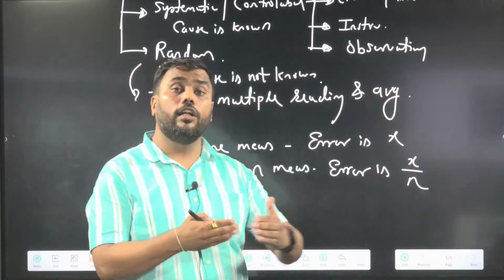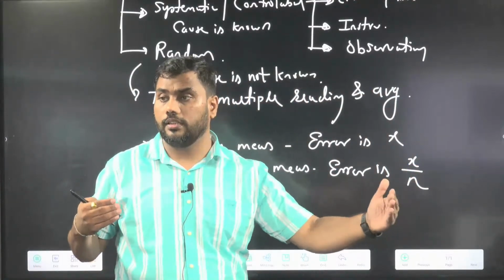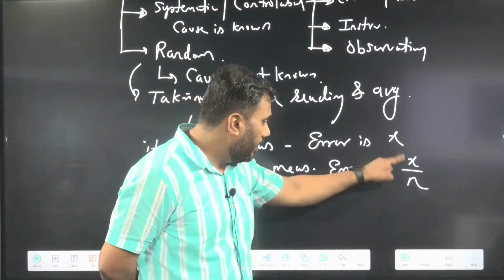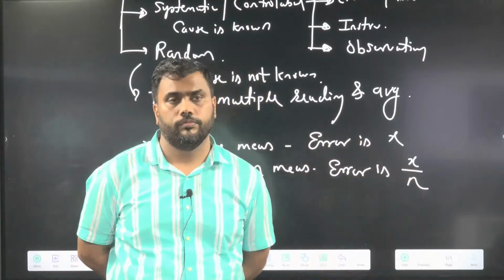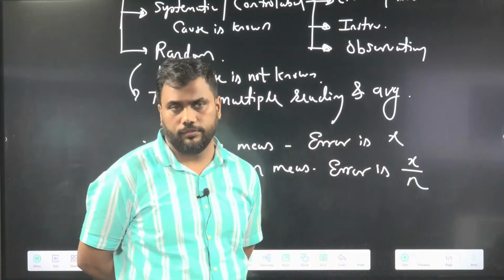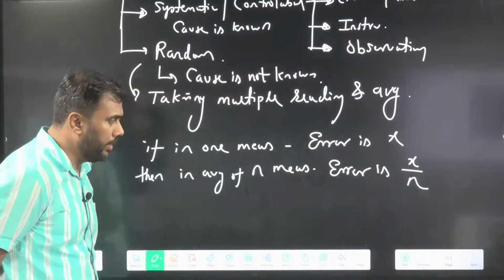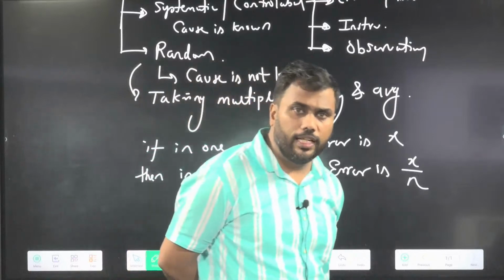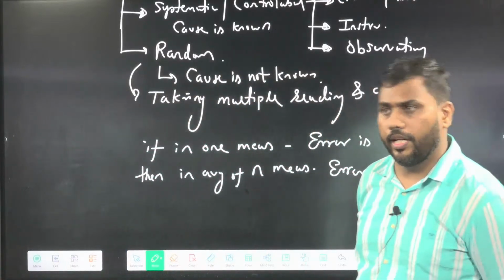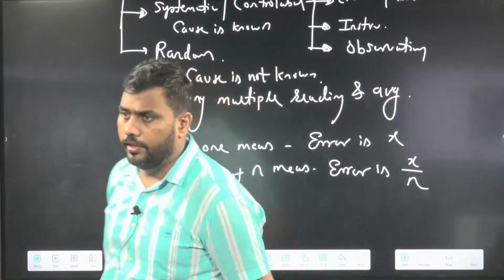If you are taking a large number of observations, then our error becomes very small. Random error can be minimized. They cannot be controlled, but we can minimize them by taking multiple readings. Is this point clear?